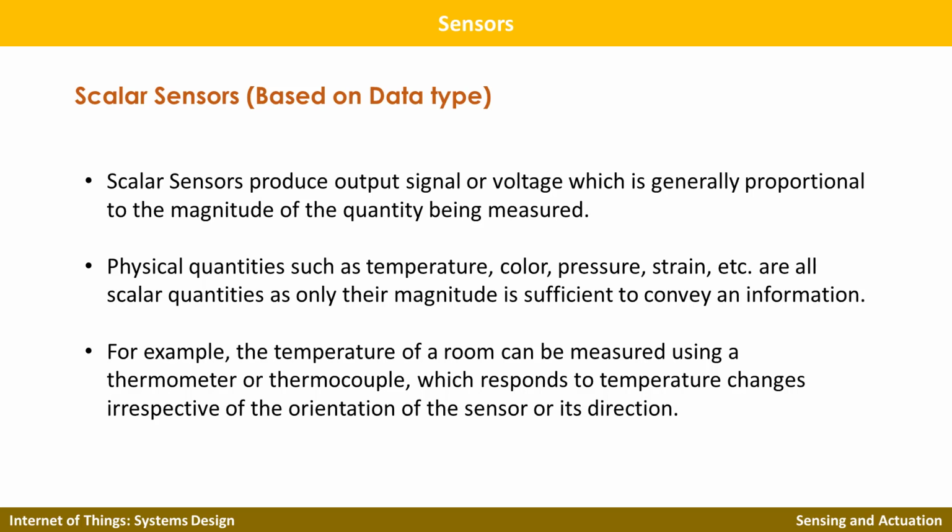For example, physical quantities such as temperature, color, pressure, strain, all of these are scalar quantities where the magnitude is sufficient to convey the information. For example, temperature in a room can be measured using a thermometer or thermocouple, which responds to temperature changes irrespective of the orientation of the sensor or its direction.